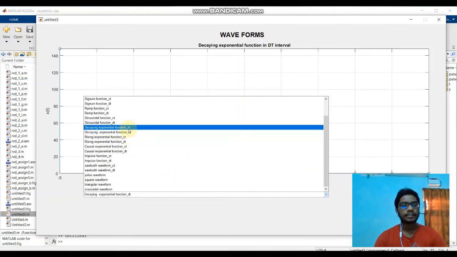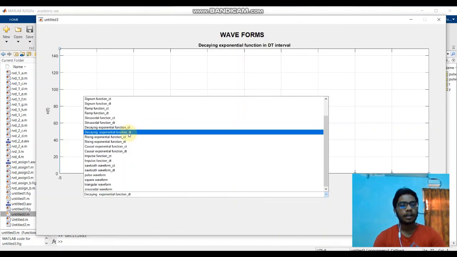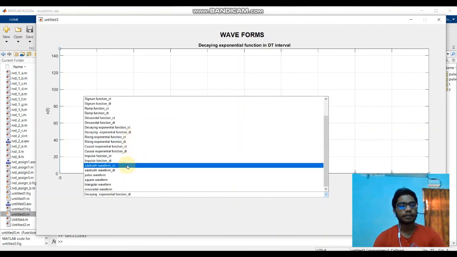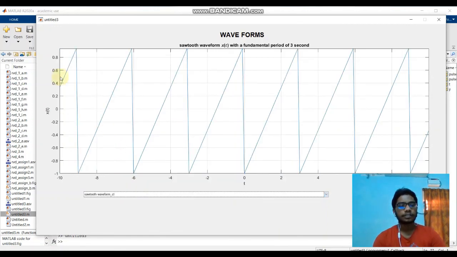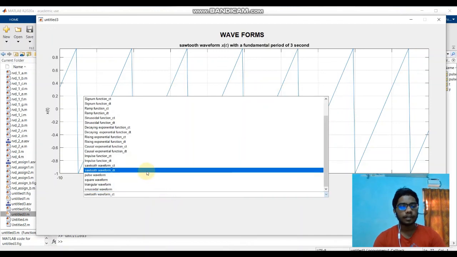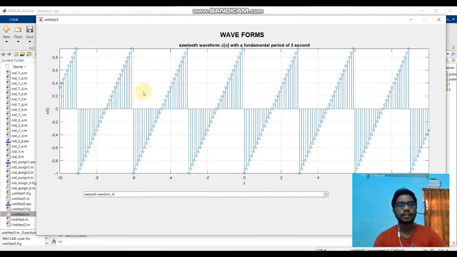Here the extension _CT represents continuous time interval and _DT represents discrete time interval. As you can see, CT represents the sawtooth waveform in continuous time interval and DT represents it in discrete time interval.